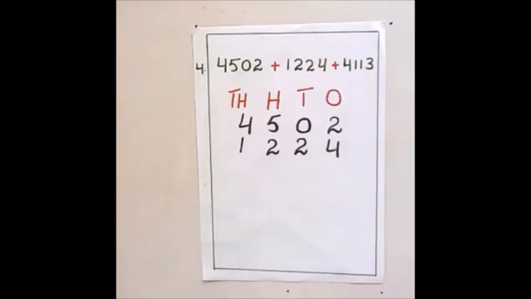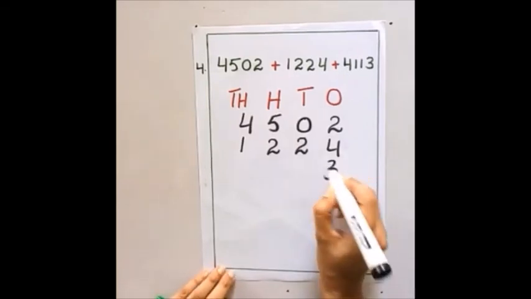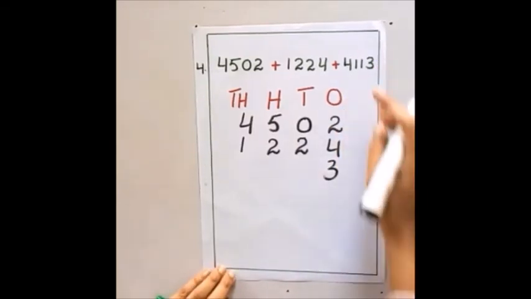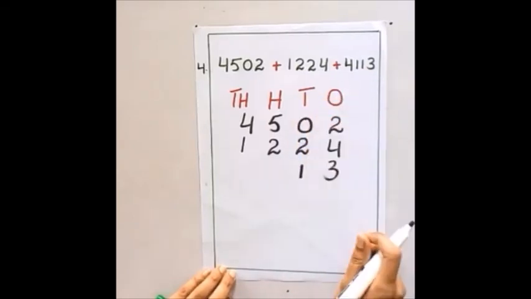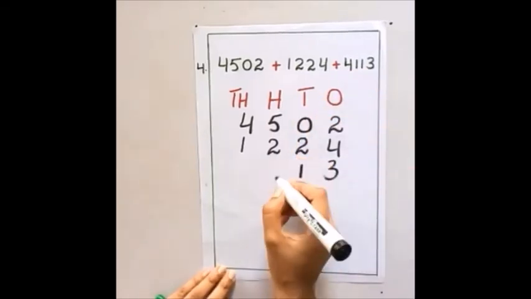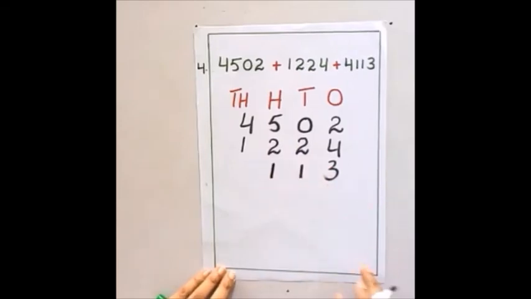In the third number, which number will I write under the ones place? Yes, students. Number 3 I will write under the ones place. Then number 1 I will write under the tens place. Then this number I will write under the hundred place.